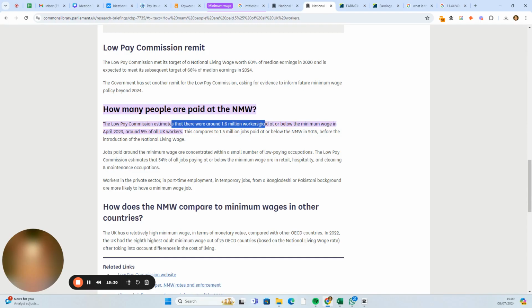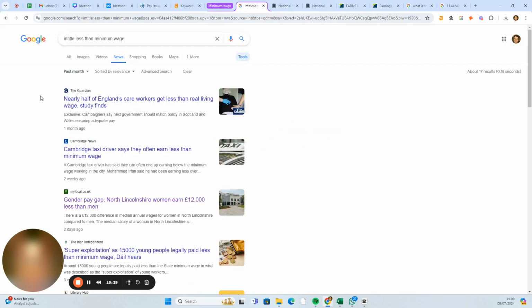Estimates say that around 1.6 million people will be paid at or below the minimum wage. It's not below the minimum wage, it's at or below. And clearly journalists care about people being paid less than minimum wage.